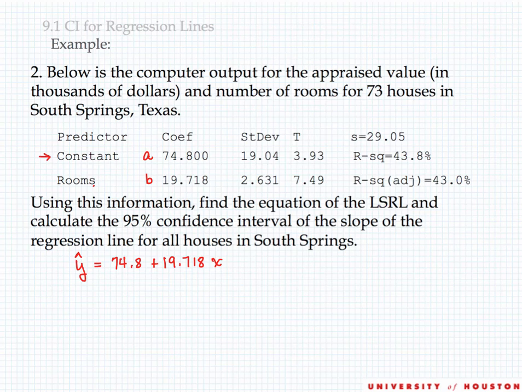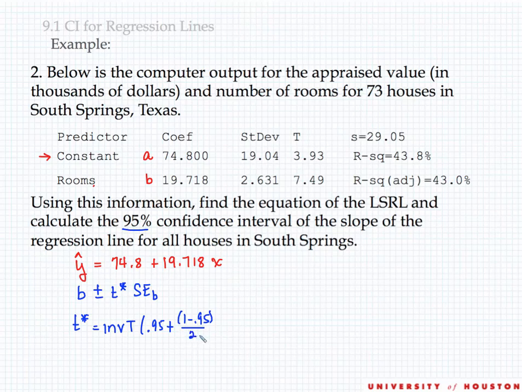Now here we want the 95% confidence interval. So we need our T star, our critical value T, and we're going to need our standard error for the slope. Our T star for the 95% confidence interval, we'll do inverse T or QT of 0.95 plus (1 minus 0.95) over 2, and we use n minus 2 degrees of freedom.